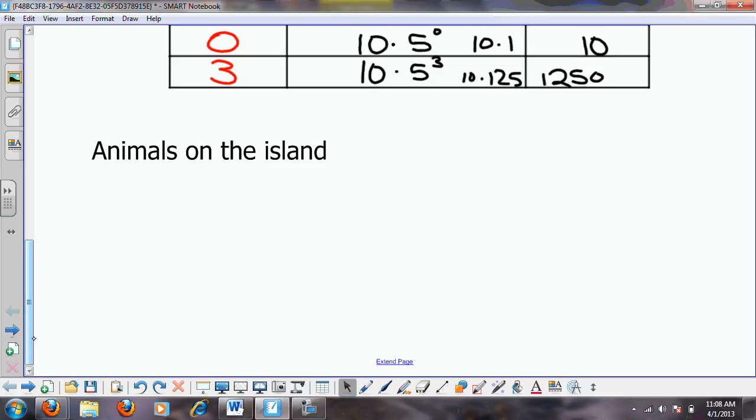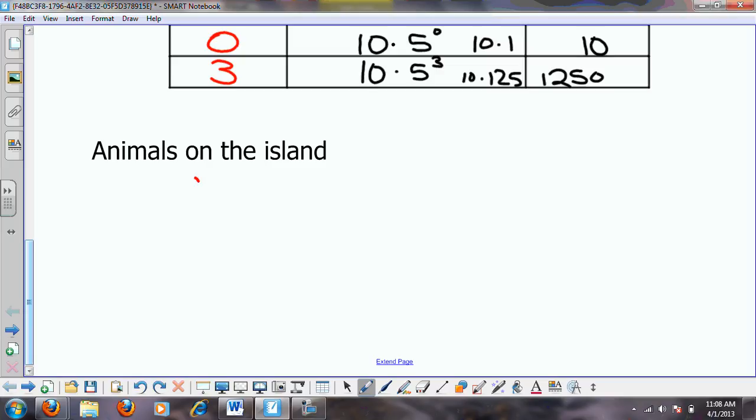Now we're going to go on to quick check 2. Suppose 10 animals are taken to the island, and then the population of these animals quadruples every year. Use the function f of x equals 10 times 4 to the x power. How many animals would there be after 6 years? Okay?